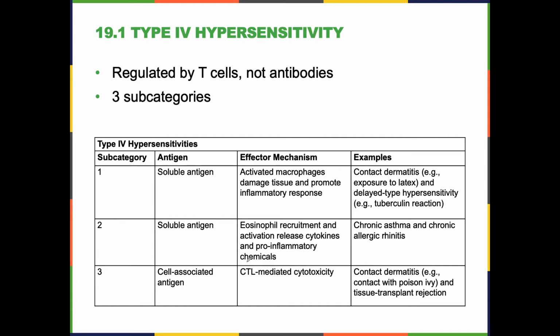And then the general categories are really dependent on the type of antigen, whether it's a soluble antigen or whether it's cell associated, and then the type of effector cell that's been activated, right? Whether it's macrophages, things like eosinophils, or CTLs.